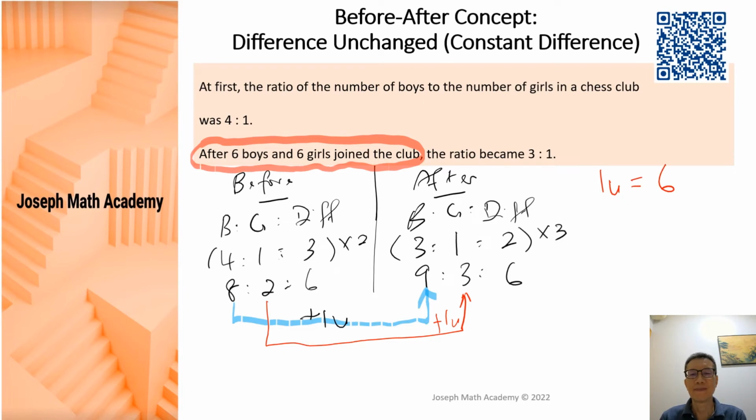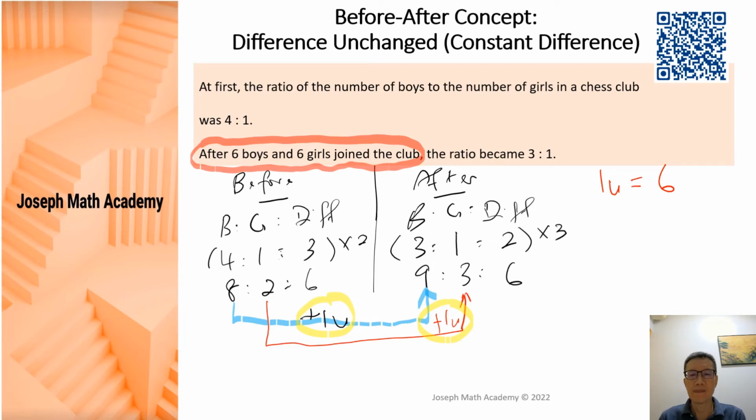Alright, so once we have 1 unit increase for the boys, and 1 unit increase for the girls, it shows that it is equal added. So equal added means difference unchanged. So from here we can continue and say that if 1 unit equals 6, we can actually find the number of boys before and the number of boys after.